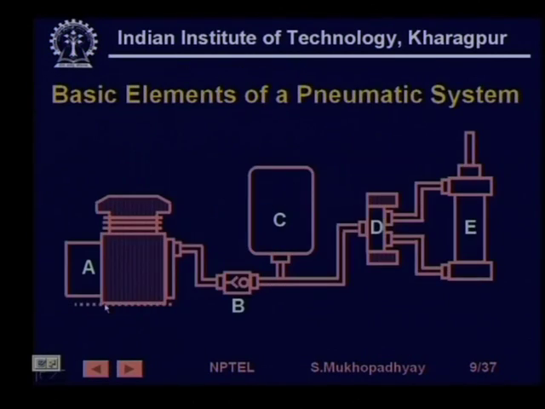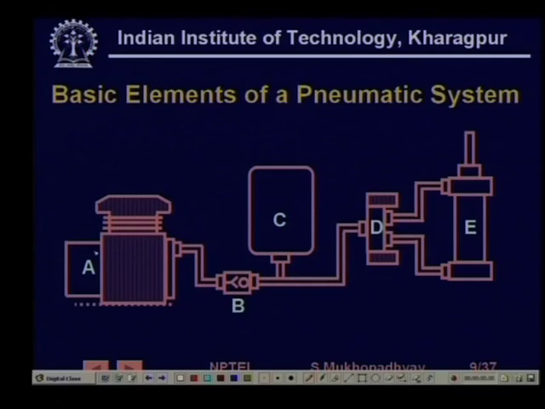So, let us look at the basic elements, the basic equipment in a pneumatic system. We start with the compressor. This is the compressor A. Then after the compressor you sometimes have a check valve B. Then you have an accumulator or reservoir of compressed air.